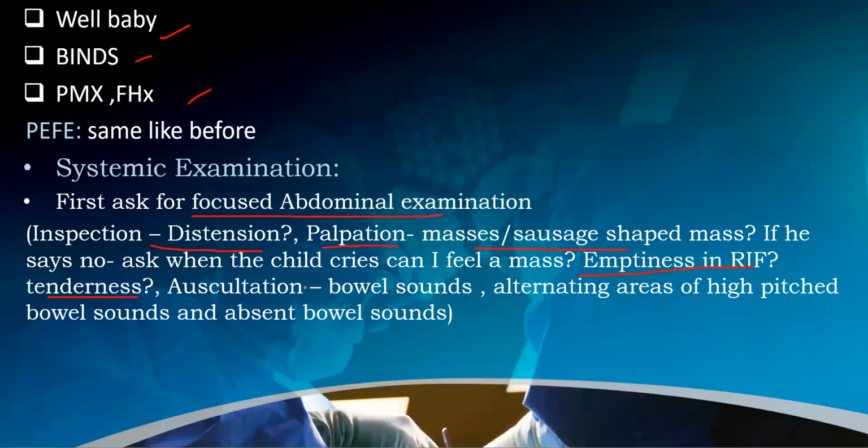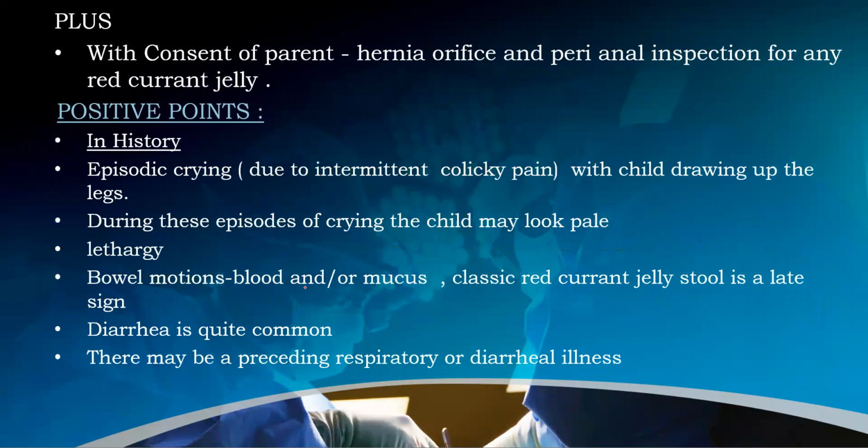On auscultation, you are asking for bowel sounds. Sometimes you can get alternating high-pitched bowel sounds with absent bowel sounds. And you will always finish with the hernial orifices and perianal inspection.